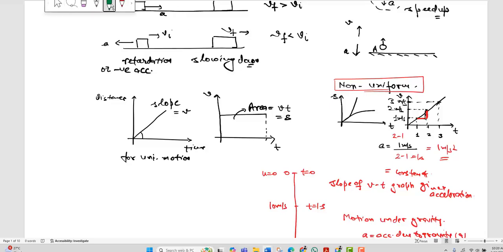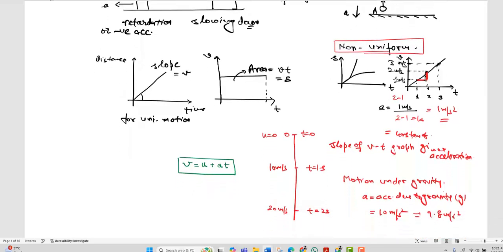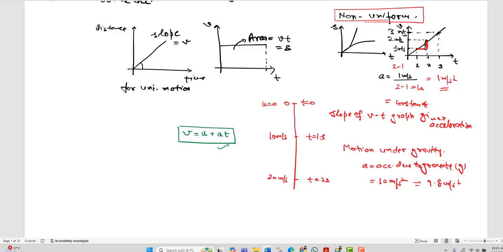We can handle this situation like that. This is the final velocity, this is the initial velocity, plus acceleration times time. In that example, this is the formula he is basically using. So that formula we can derive from this situation. Let me show you. Yet it is not in your syllabus, but you can very easily do that.